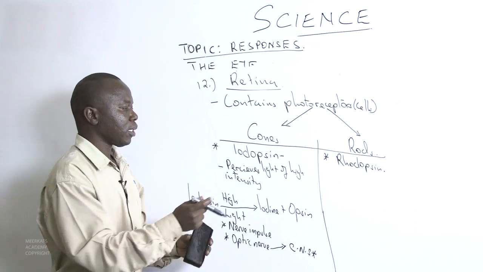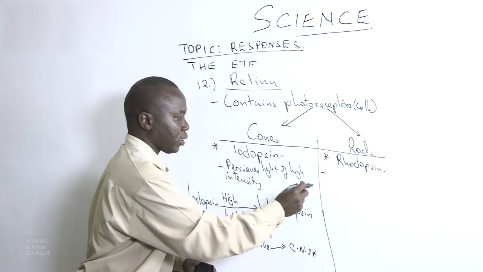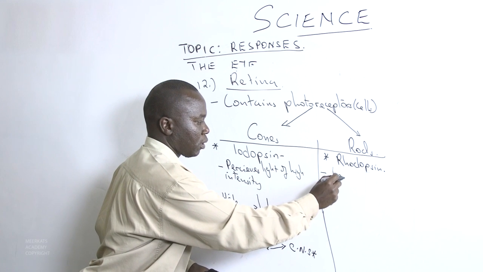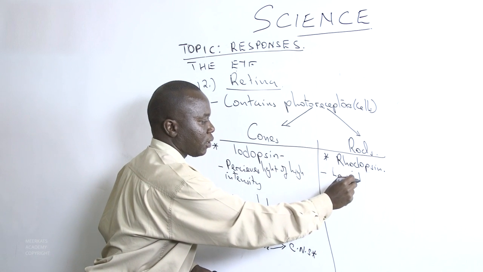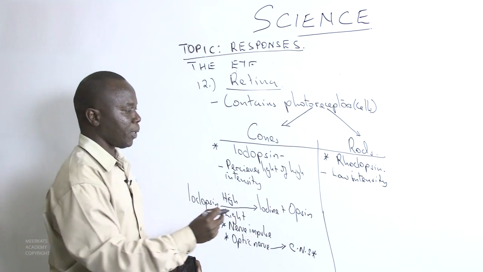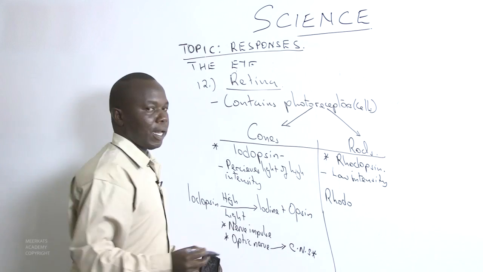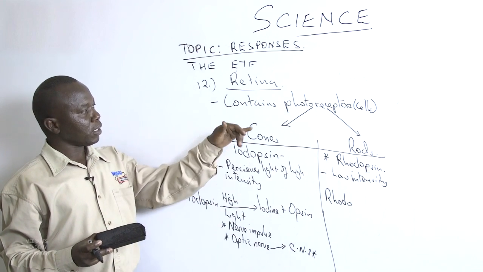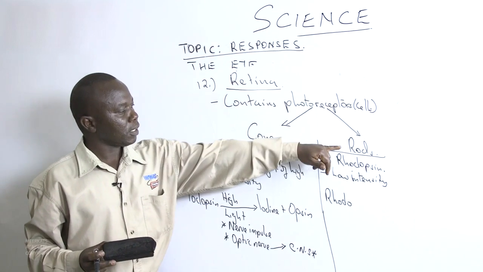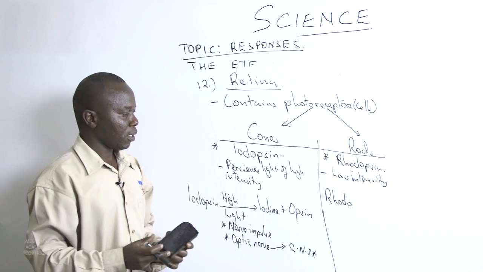Rhodopsin is the opposite; it perceives light of low intensity. So how does this happen? It happens in the same way. When light of low intensity falls onto the retina, it is the rods that will be stimulated. It will involve rhodopsin.